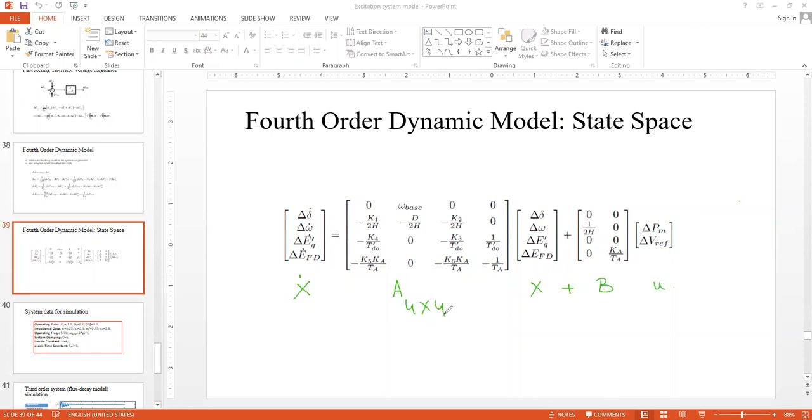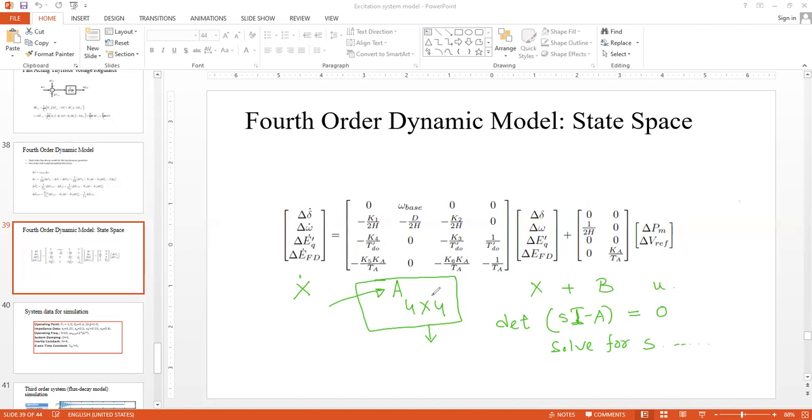So if I want to find out the dynamic response scenario or the stability scenario for this system, I simply have to calculate the eigenvalues. Another way is to make the determinant of sI minus A equal to 0, where s is the Laplace operator and I is the identity matrix of the same dimension as A. Then you solve for the roots of the resulting polynomial.